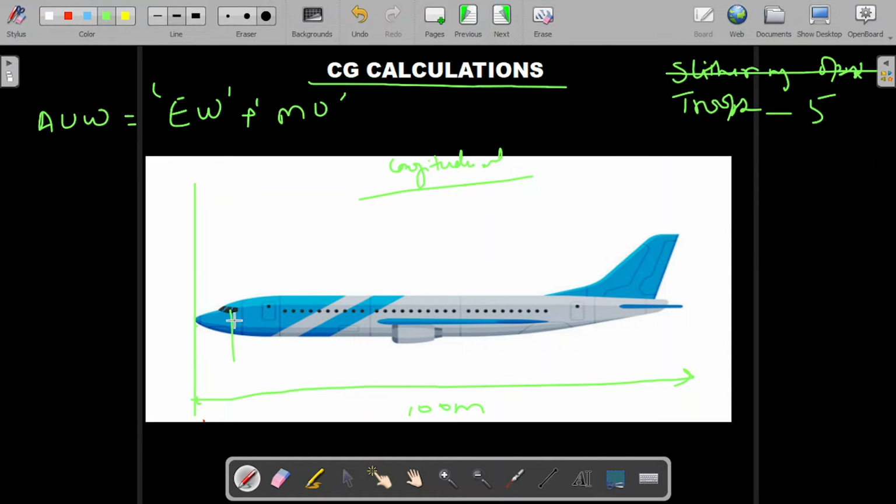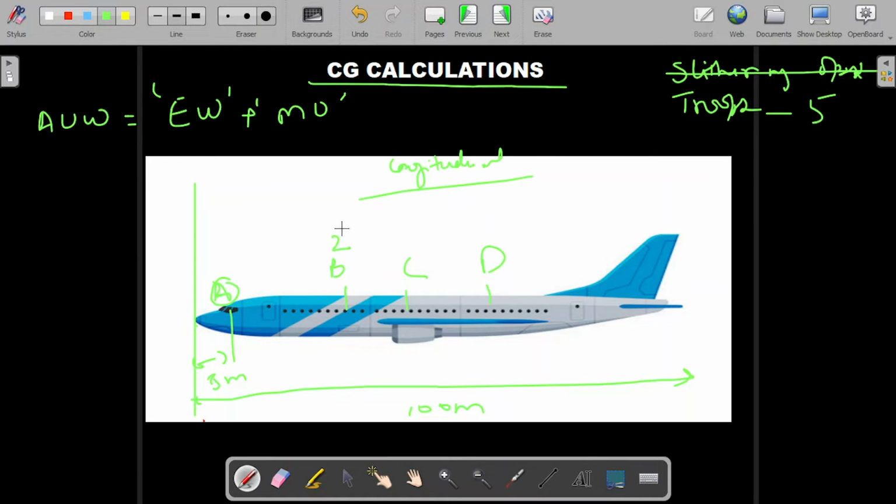So we are aware that 2 crew are sitting at 5 meters, and the weight I'll explain. I'll just write Alpha is here, and the 5 troops are Bravo, Charlie and Delta.